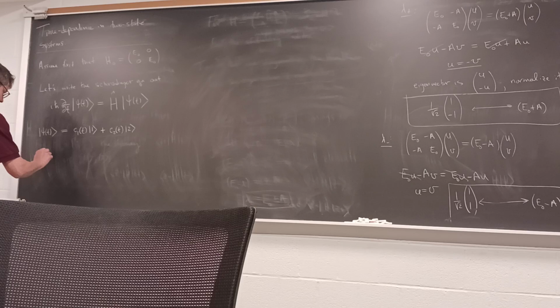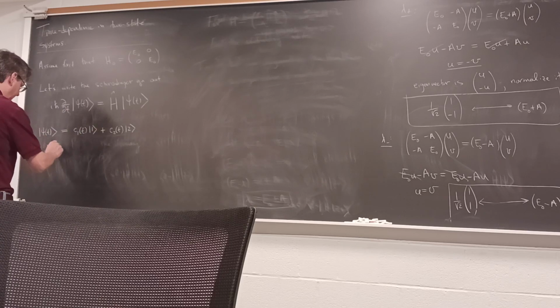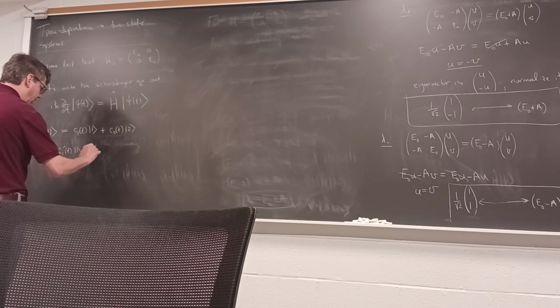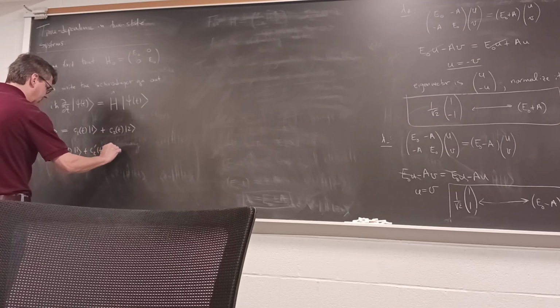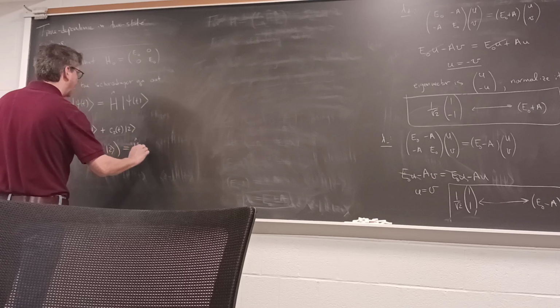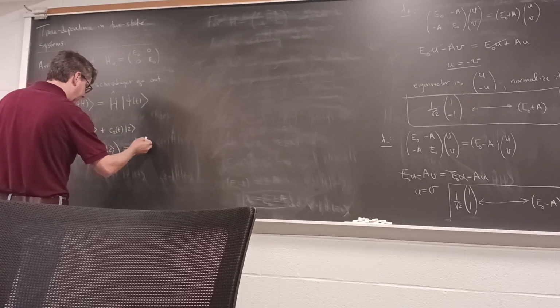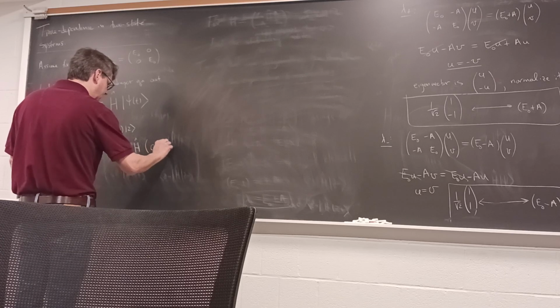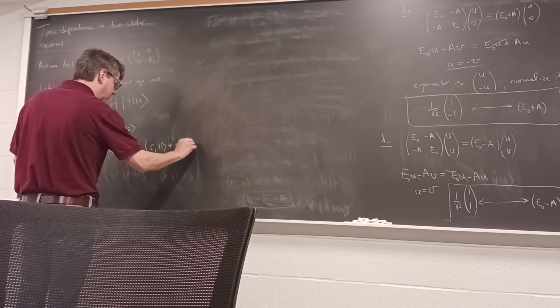I have iħ times C1 prime of t times 1 plus C2 prime of t times 2, and that has to equal H hat on psi. And so this will be C1 H 1 plus C2 H 2.